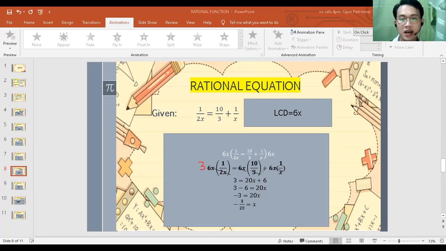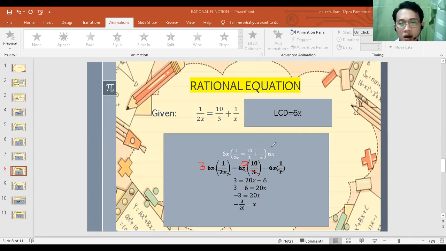Which means the numerator of our outer number, which is 6x, and the denominator inside the parentheses, which is 3. That's the only possible way of canceling out. So we can cancel out 3 here, and then 6x divided by 3, you get 2. So the remaining number here is 2.